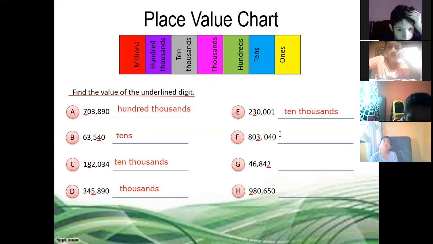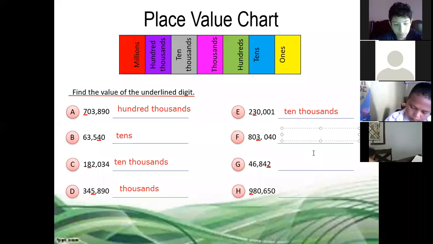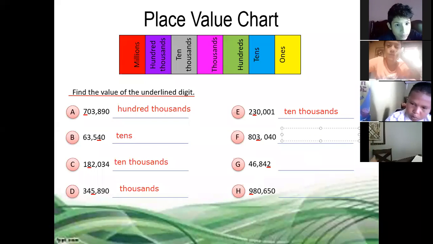Alan, exercise F. What is the value of the number 3? 1,000.